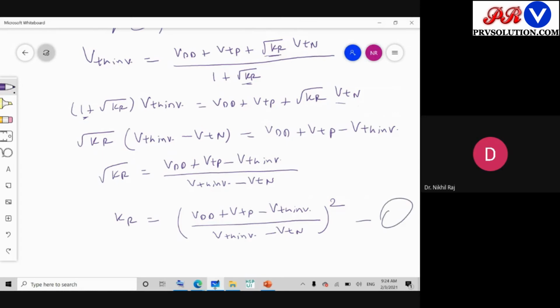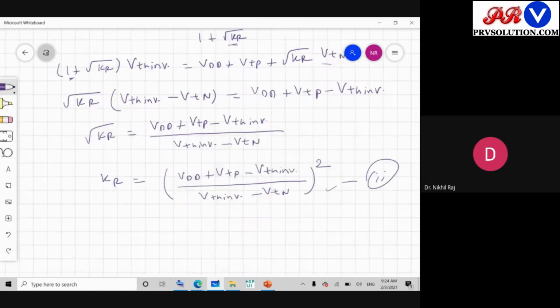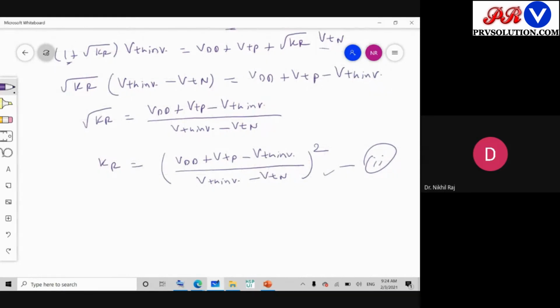This is equation 2, and we got this as the KR equation. Now for the ideal inverter, we have seen previously that VTH of INV should be equal to VDD by 2. That was the requirement. Now if I want this VDD by 2 and substitute it here, then what should actually be the KR?